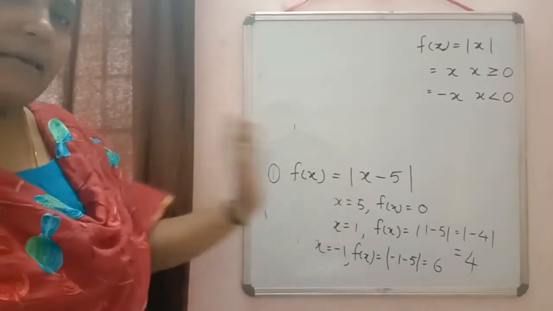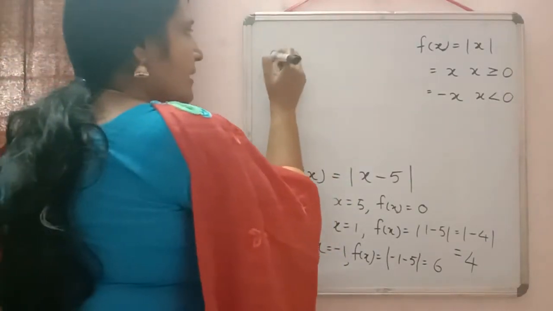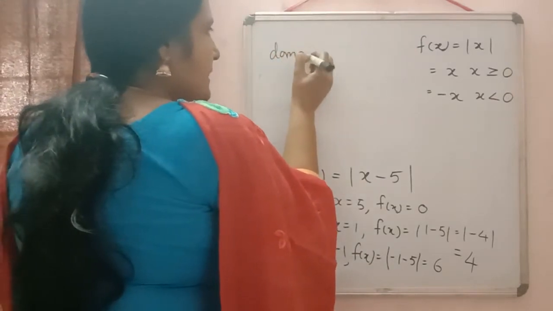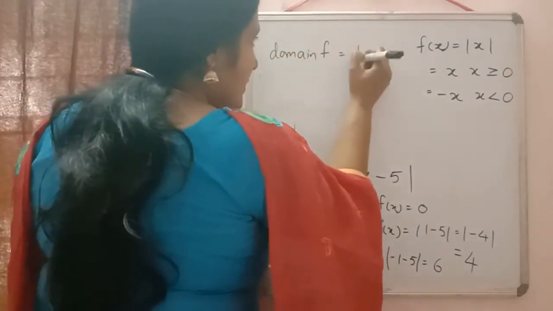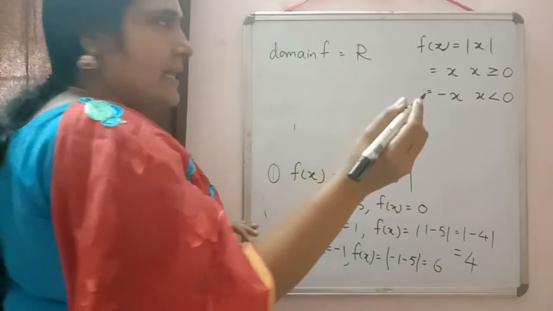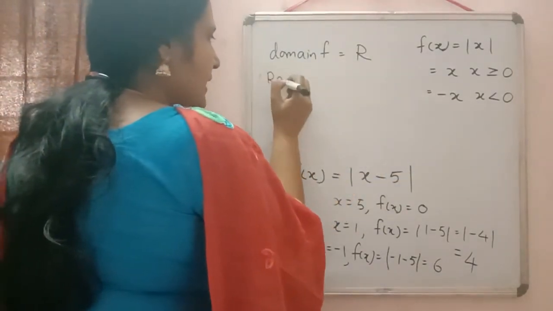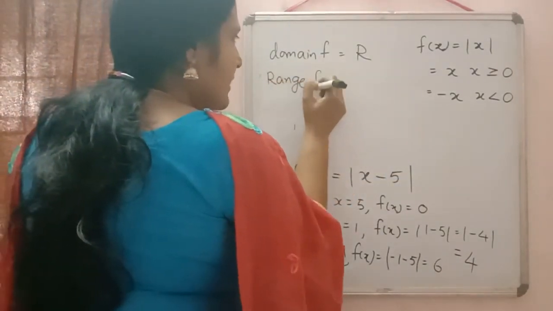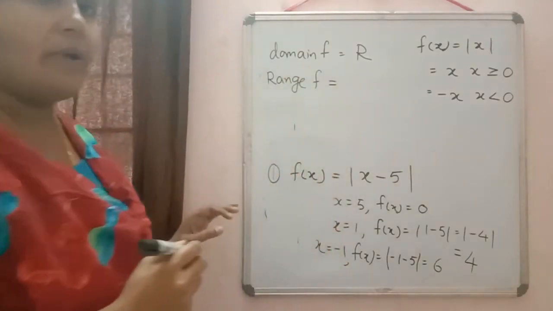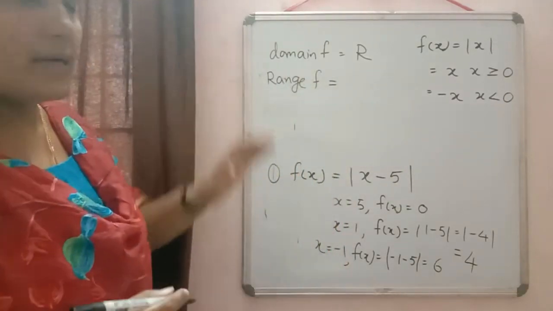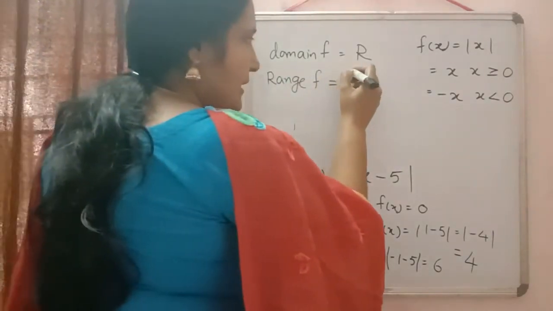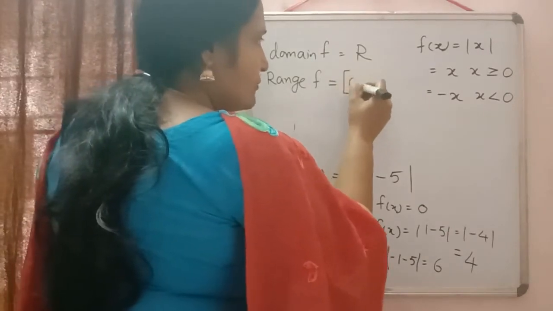So x can be any number. We will write here domain of f is equal to R, because x can take any value. But in the range we are not getting negative values, we are getting only positive values. So the range will be equal to, it can take the value 0.